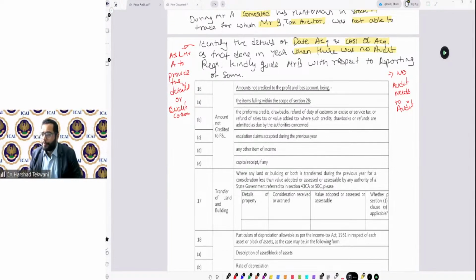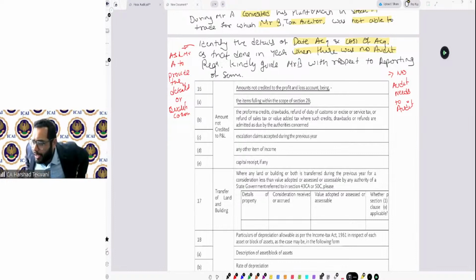Section 28. Come on, come on. Section 28.